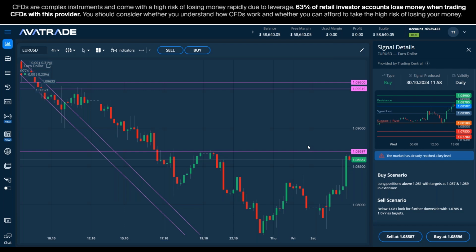Combining the fact that there's big news to come out of the US still on Friday, less than 48 hours from now, with the fact that this already reached the take profit line within the technical signal and it's at the resistance, from a technical perspective, it's a bad entry point.